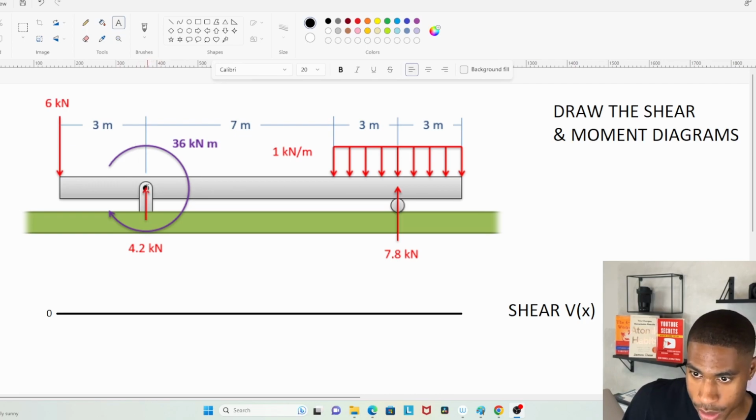We have a reaction of 4.2 kilonewtons. And we have this distributed load along with a roller. It already gives us the resultant forces for the fixed support, or if that's a pin, whatever it is, and the roller. So all we have to do is go in and draw our shear and our moment diagram.